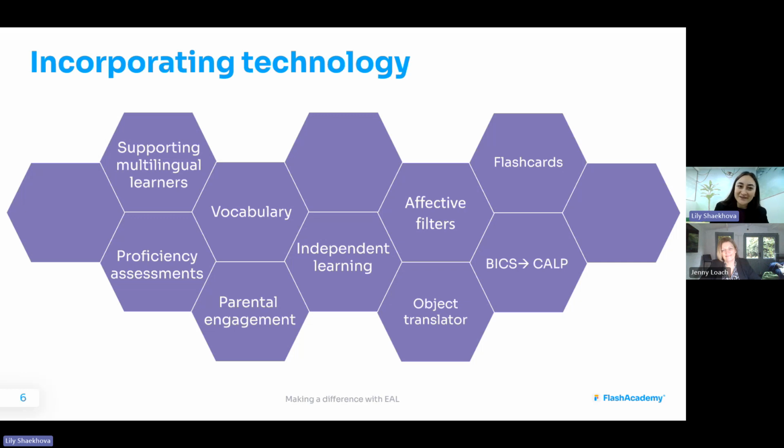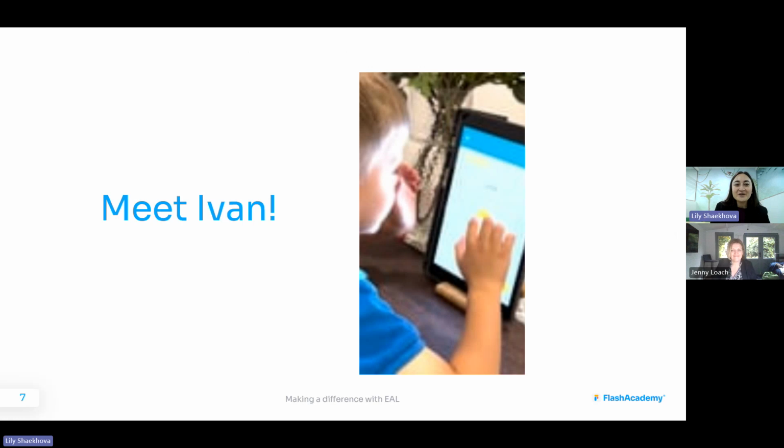And I'd like to share another example. So please meet Ivan. Ivan joined us last year, and at first he was quite nervous about meeting other students. He tended to play on his own, often with dinosaurs or dragons, and was hesitant to speak to his peers.